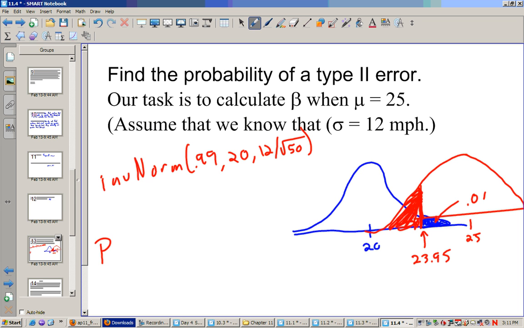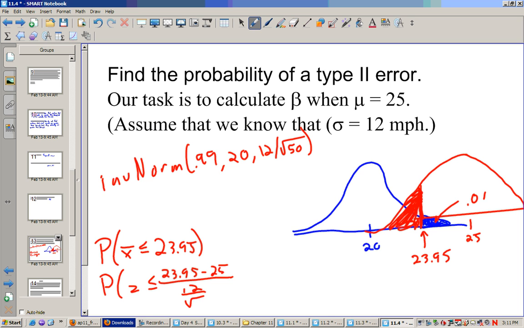So we'd say the probability that our mean is less than 23.95. That's going to be the same probability that my z-score is less than (23.95 minus 25) over 12 over the square root of 50. So 12 over the square root of 50 is 1.697.